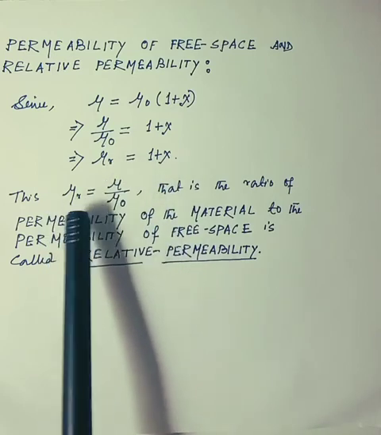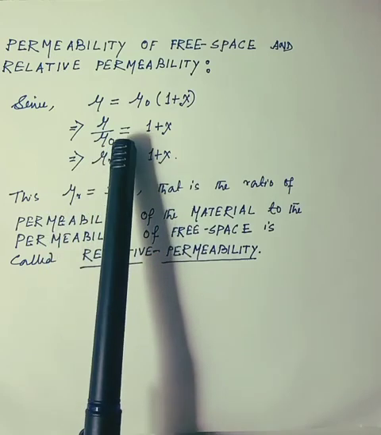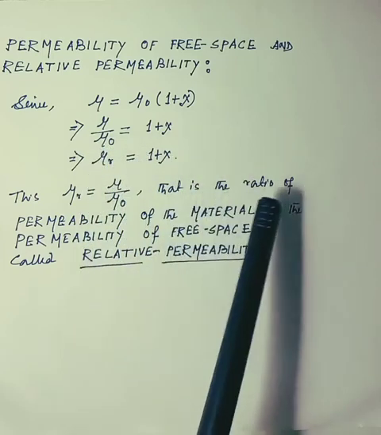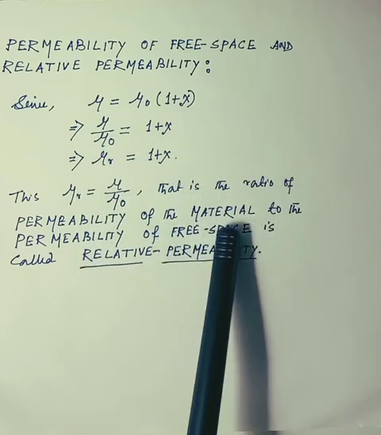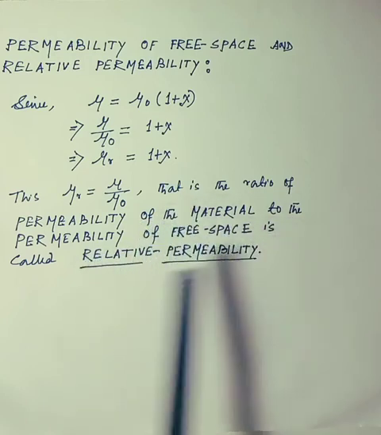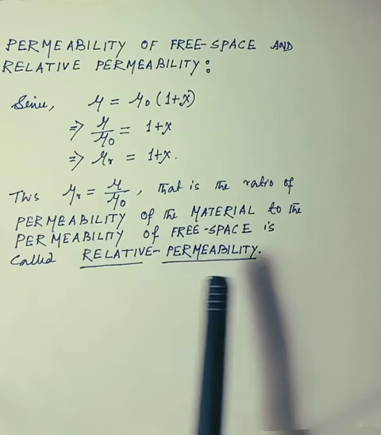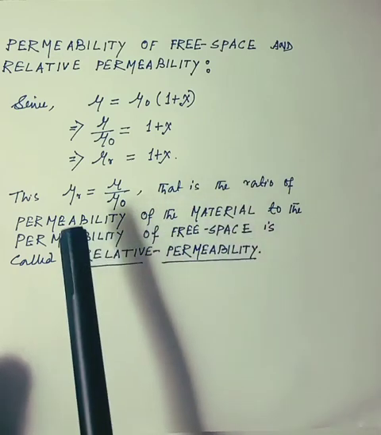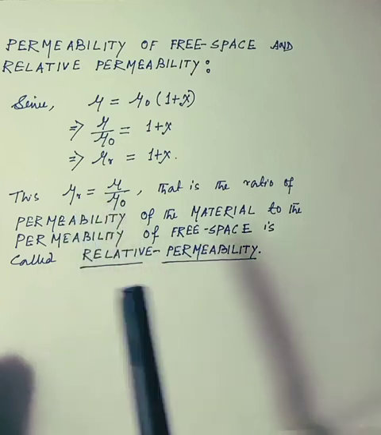So this mu r is equal to mu by mu naught. That is, the ratio of the permeability of the material to the permeability of free space is called relative permeability, and that is denoted by mu r.